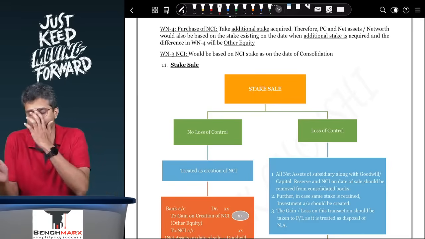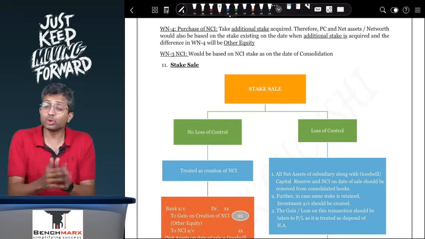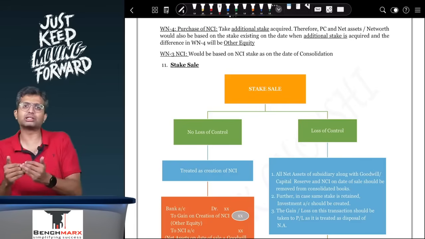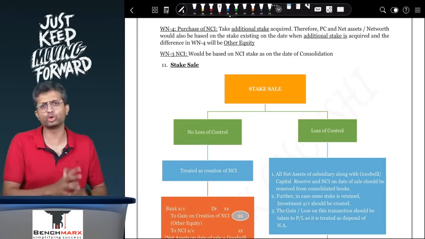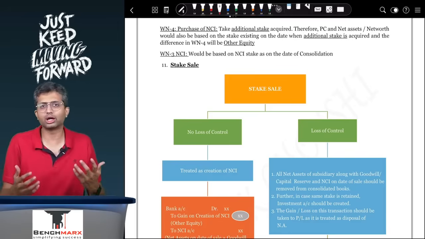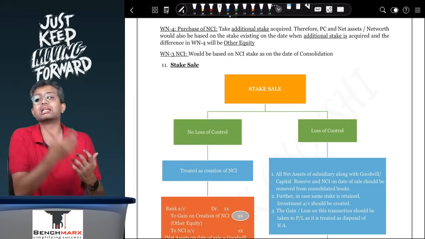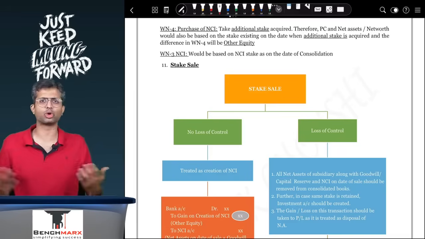When I sell 20% and come to 70%, I do not derecognize goodwill to the extent of 20%. Goodwill continues to appear in my books at 90% only, and hence the new NCI that gets created will get a 20% share in that goodwill. The existing NCI may not have a share in goodwill.